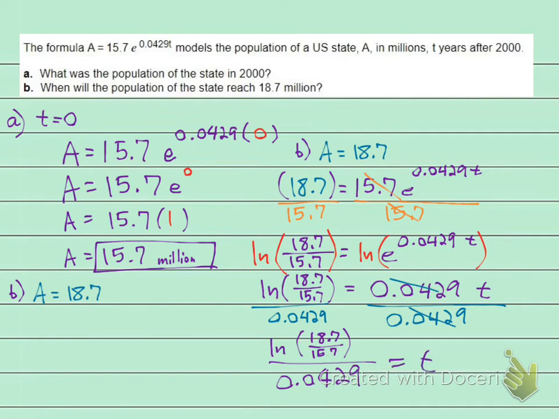That's what t equals. Now, they're asking us to round down to the nearest year. They want us to find a year. They want us to round it down. So let's grab your calculator. Let's put all of this in the calculator.